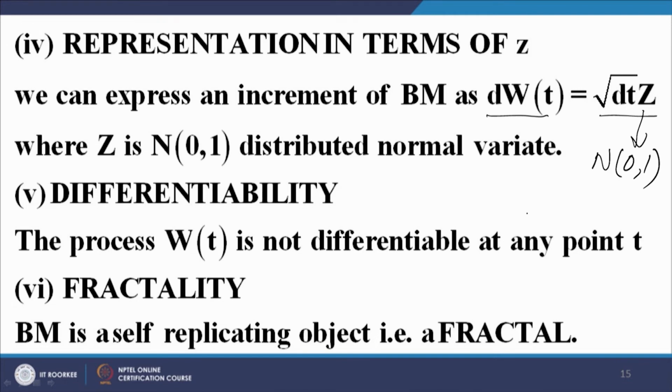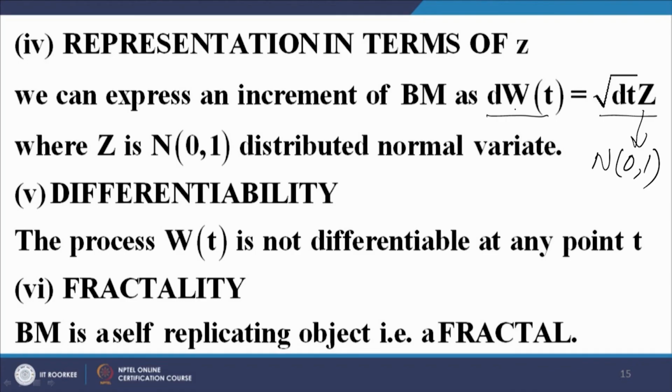Therefore, the mean and variance of square root dt times z are 0 and dt, because please note dt is a non-stochastic quantity; it is a deterministic quantity, a number, a deterministic parameter. And there is another point I must mention: a normal distribution is completely specified by knowledge of its mean and variance.